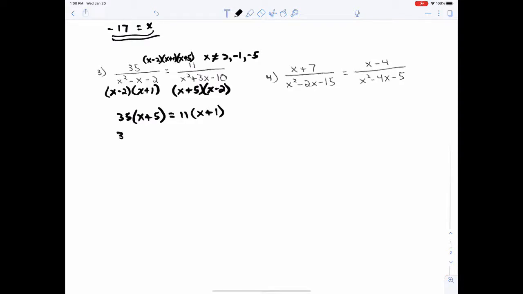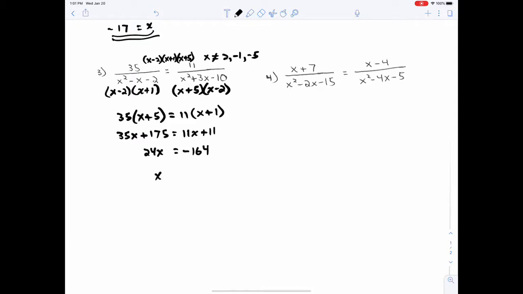So we get 35x plus, and what's that, 150 and 25 is 175. 175 equals 11x plus 11. So I'll bring the 11x to this side, and we'll get 24x equals, and I'll bring the 175, I'll subtract the 175, and we get negative 164.